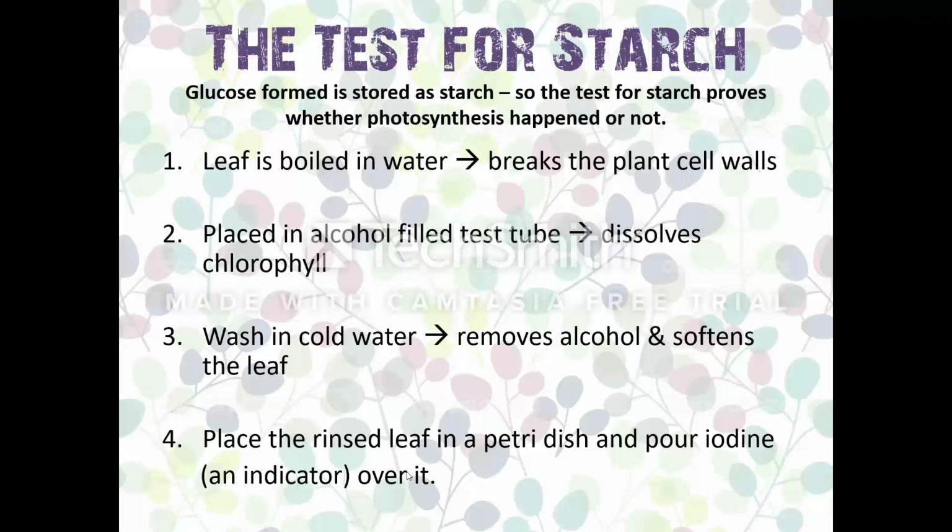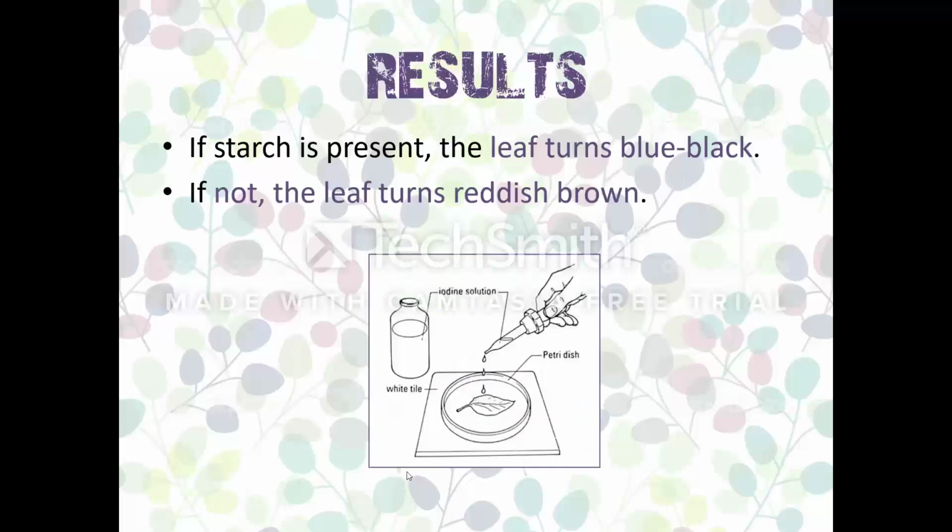I'm going to take some iodine, which is the indicator for starch, and I'm going to pour some droplets of iodine onto the leaf. What we find is that if starch is present, so in other words, if photosynthesis took place, the leaf will turn a blue-black color.